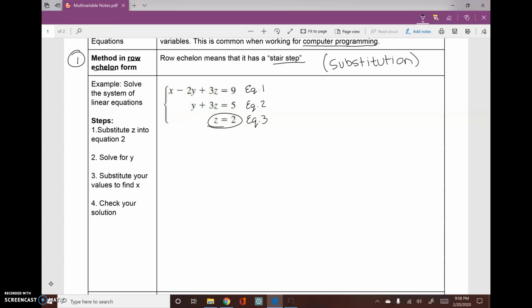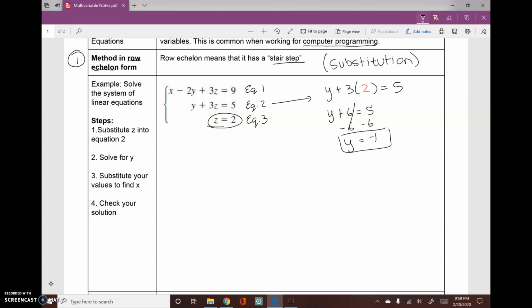Then I'll have y plus 3 times whatever your z value is, which is 2, we will plug in. And then we solve, and we get y plus 6 equals 5. Subtract 6, subtract 6. Y is equal to negative 1.